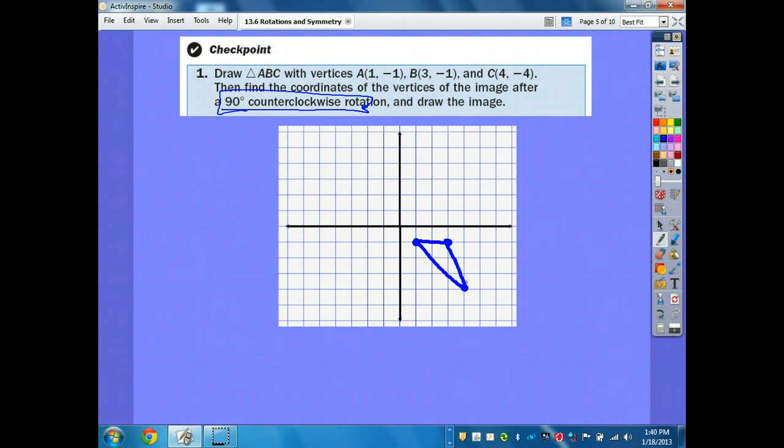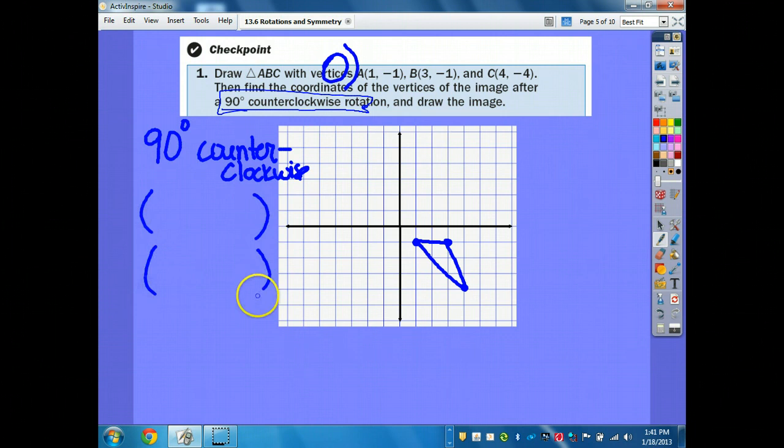All right. This is my original right here. Now I want 90 degrees counterclockwise. What's the first thing I need to do when I see 90 degrees?